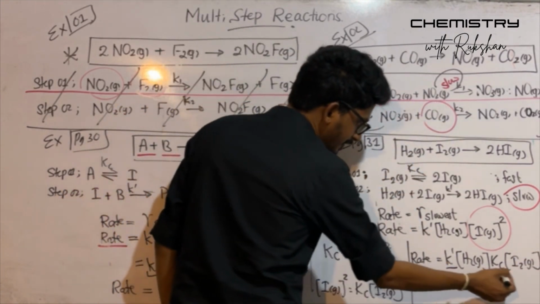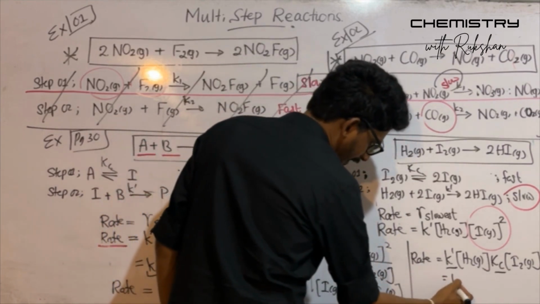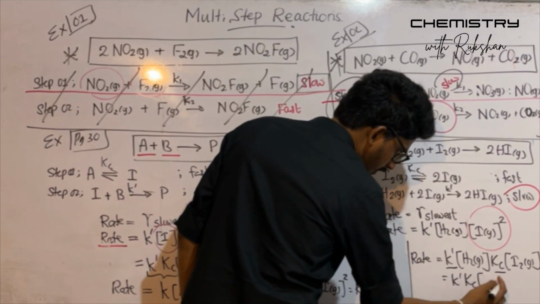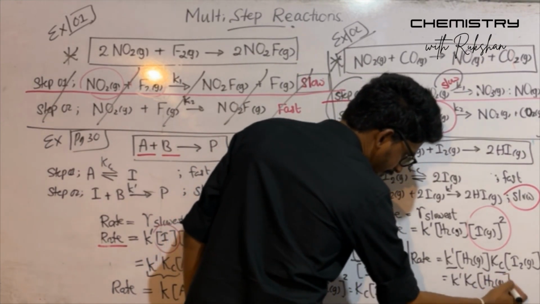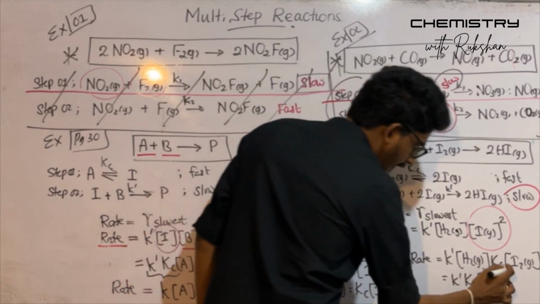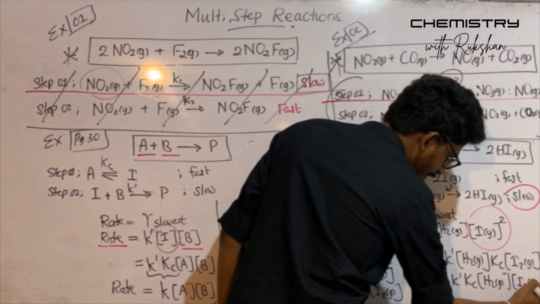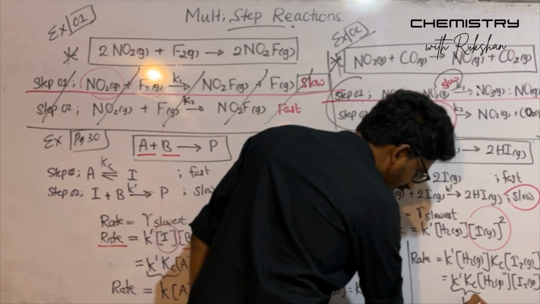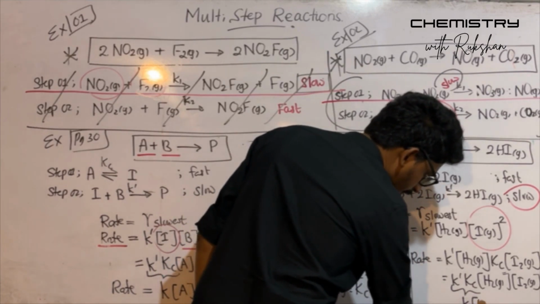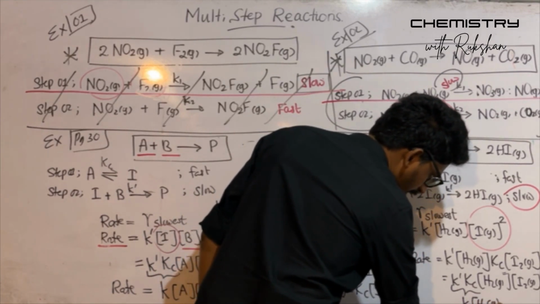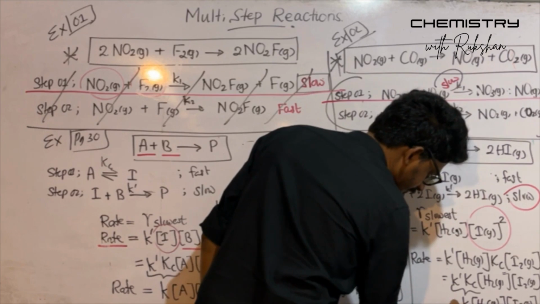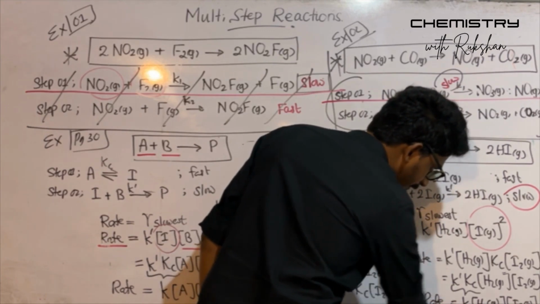As these two are constants, you can write this as K dash into Kc, so H2 gas and I2 gas. As these two are constants, you can write it as K into H2 gas into I2 gas. This is your rate expression.